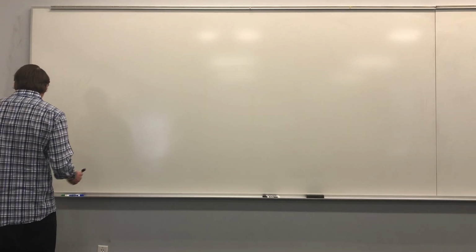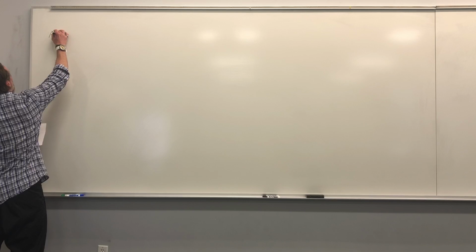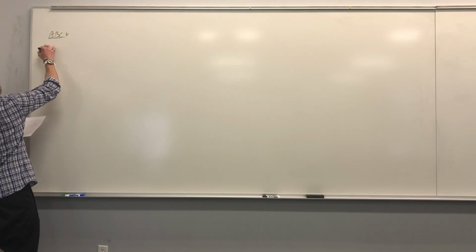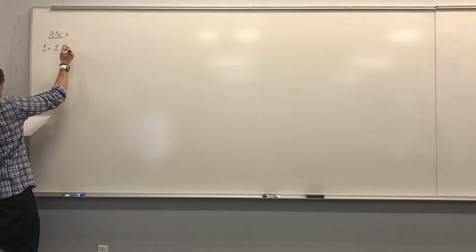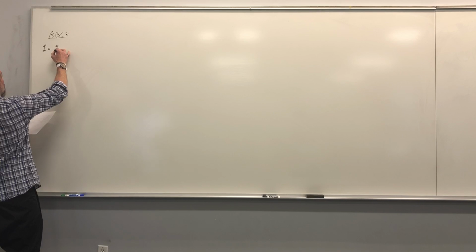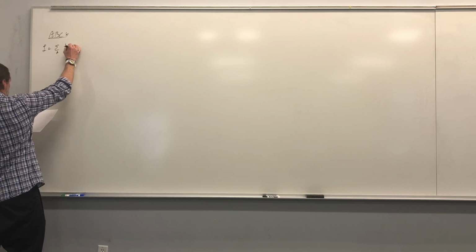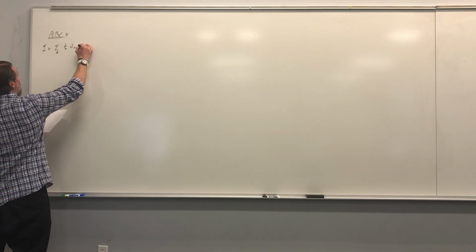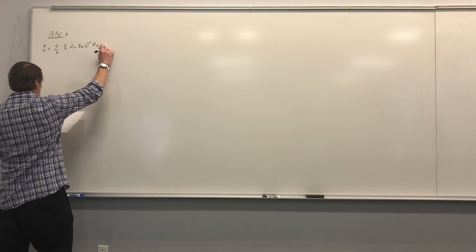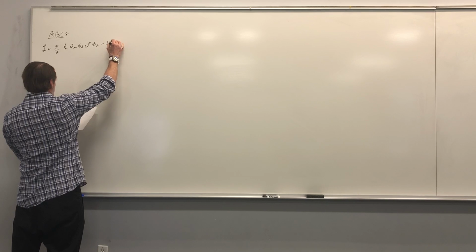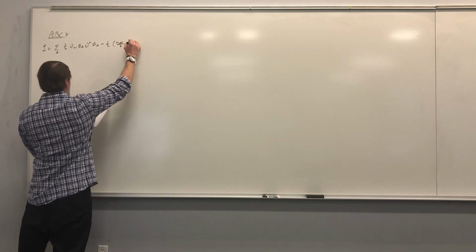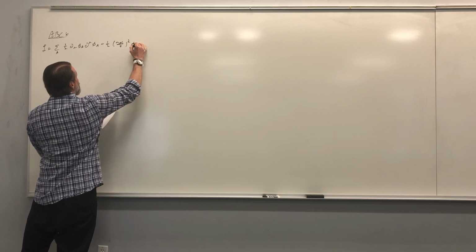So very quickly, just recall from the ABCs, the Lagrangian was the sum of three terms, and I'll just say sum over A: 1/2 ∂_μ φ_A ∂^μ φ_A minus 1/2 (m_A c/ħ)² φ_A².